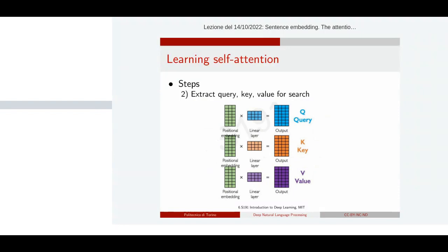And the same for the value. Actually, in the simplest cases, for example in transformer architectures, the key and the value are the word itself, so they are exactly the same.